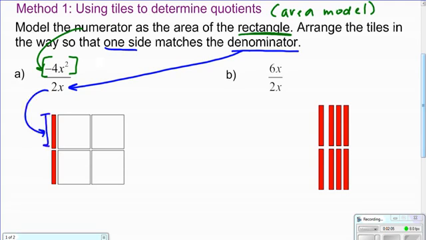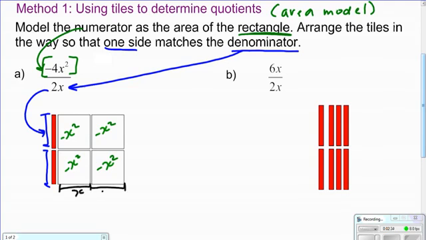So we have 1x, we have 2x, that's the denominator, and then negative x squared, negative x squared, negative x squared. So the area is negative 4x squared, and the tiles have been arranged so that one of the sides is 2x. So in order to solve this division, we need to find out what the other side length is.